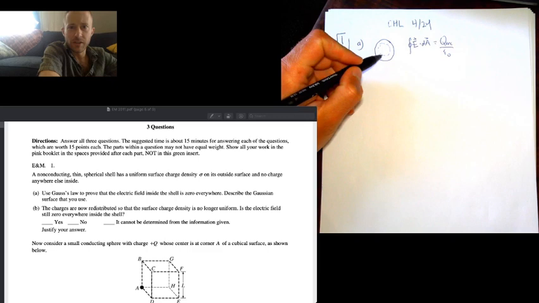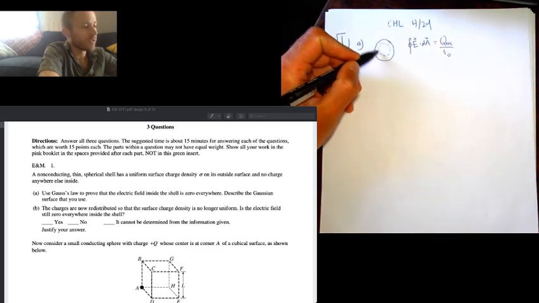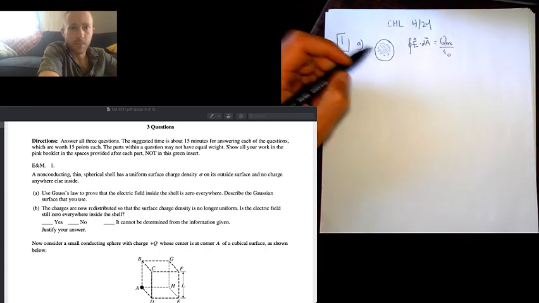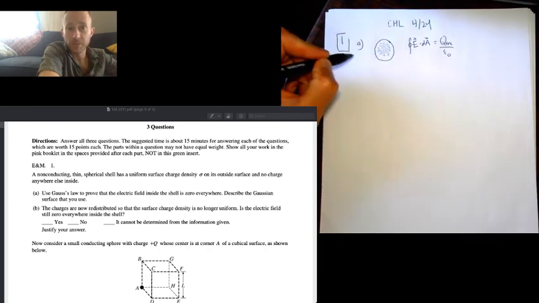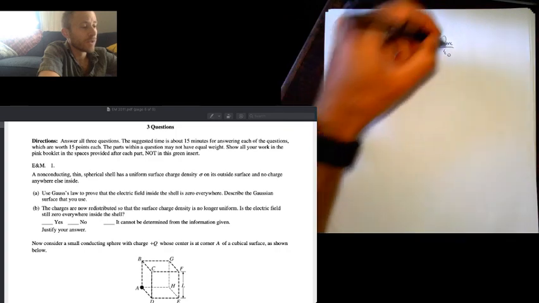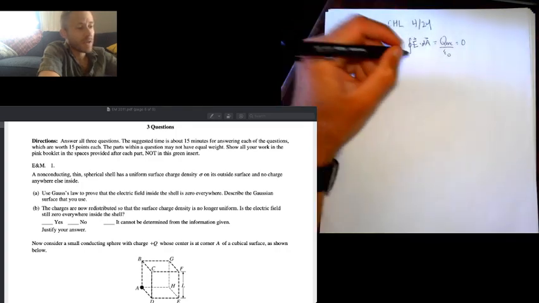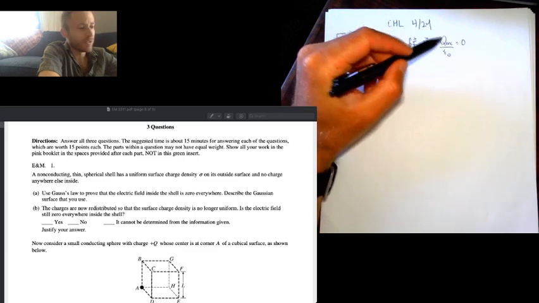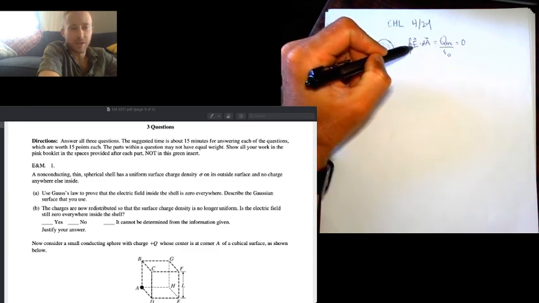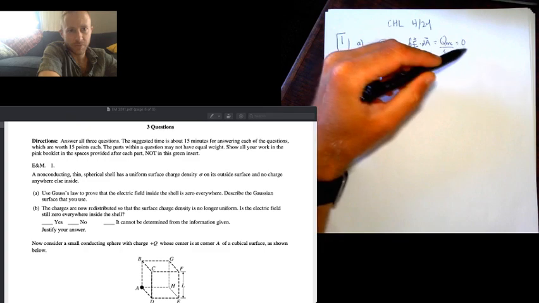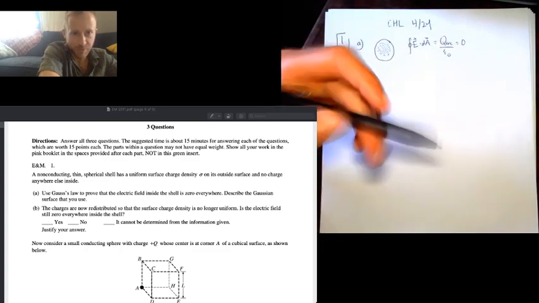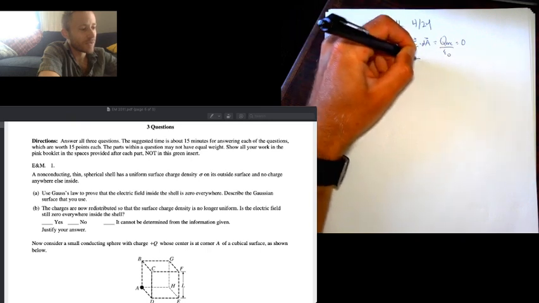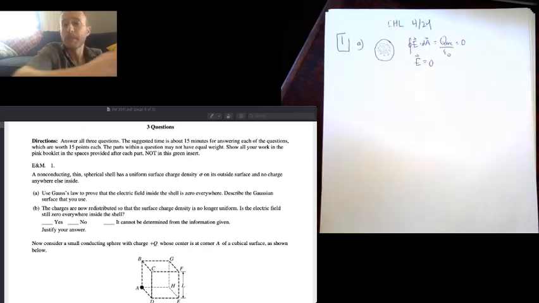But you can see that this Gaussian surface doesn't enclose any charge because the charge is all on the surface of the sphere. So this is equal to 0, and the only way the integral of something is 0 is if the thing you're integrating is 0. So that means that the electric field equals 0.